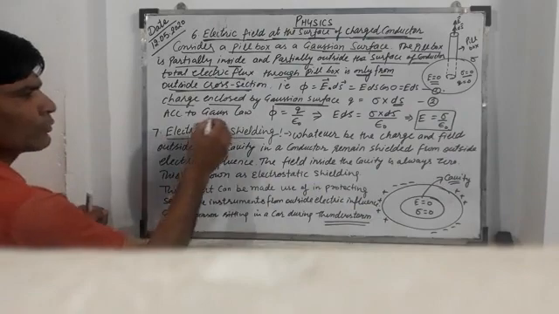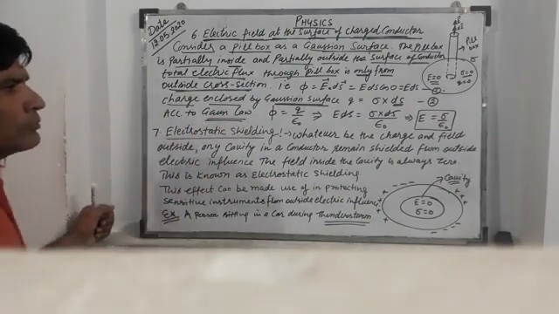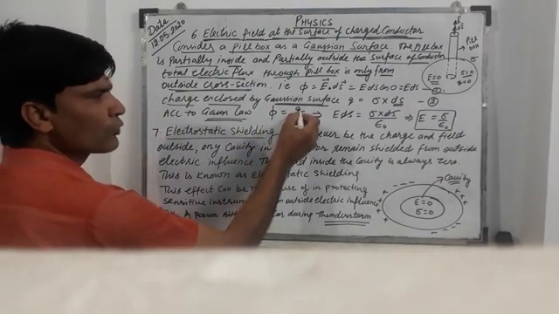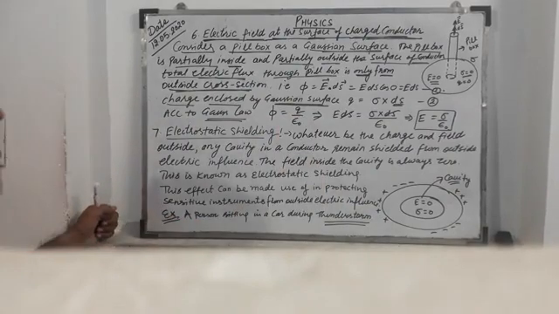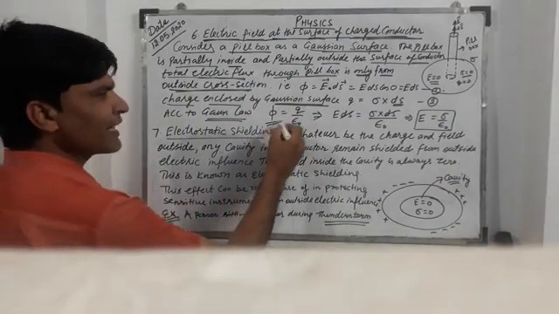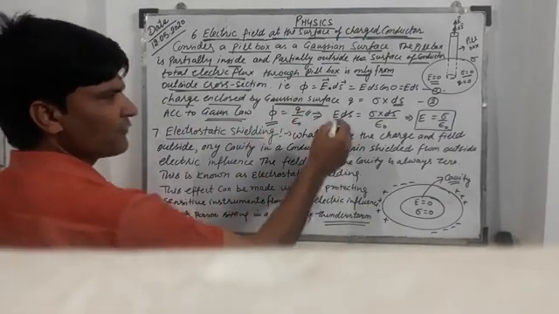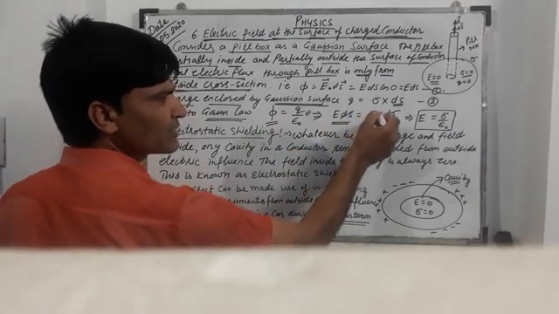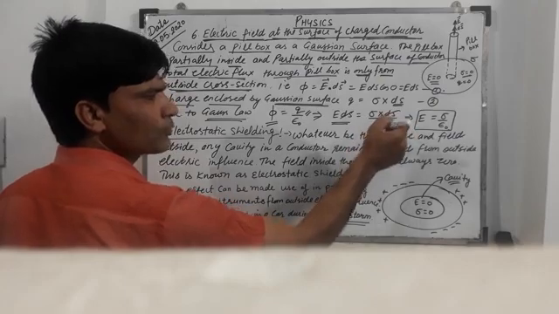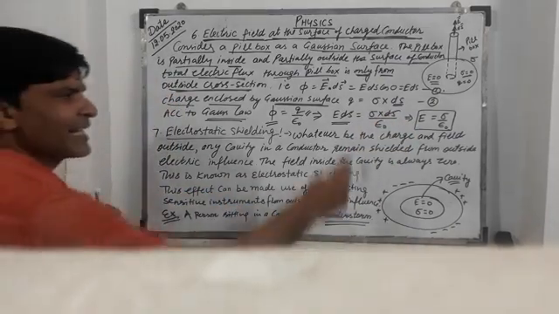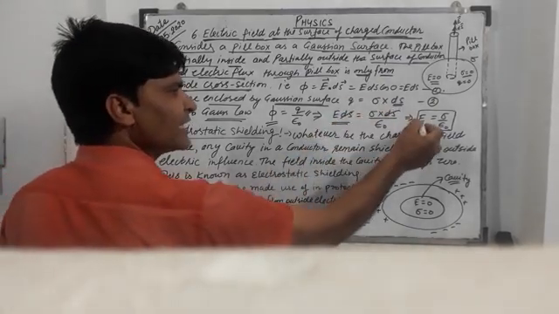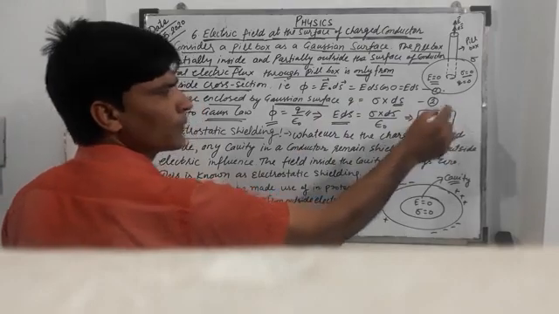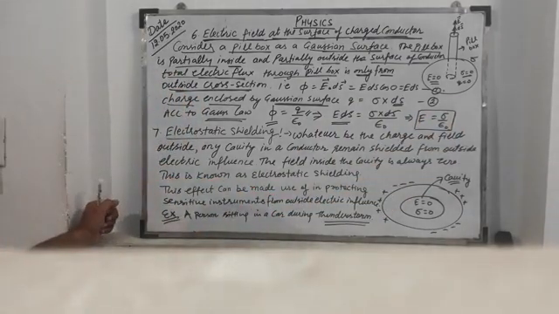Then, according to Gauss law, phi is equal to Q upon epsilon naught. Putting the values of phi and Q, we get E into ds is equal to sigma into ds upon epsilon naught. By cancelling ds, we get E is equal to sigma upon epsilon naught.